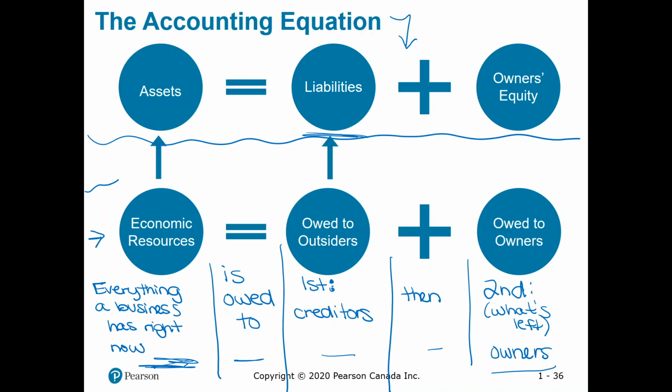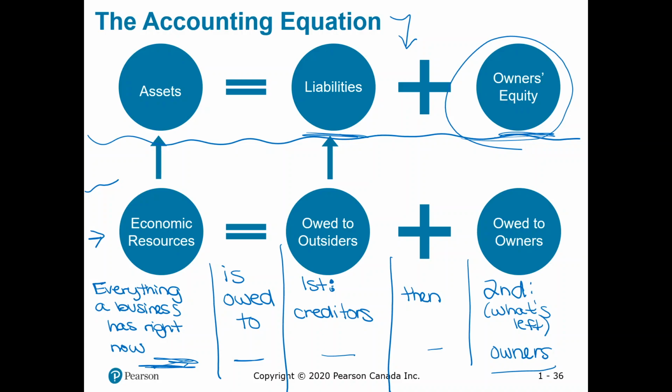And once they've done that, all those debts are paid. Any cash that's left gets paid out to the owners. That is their claim to the business assets. So that is what owner's equity is. Once the assets are used to pay liabilities, anything left is owner's equity.